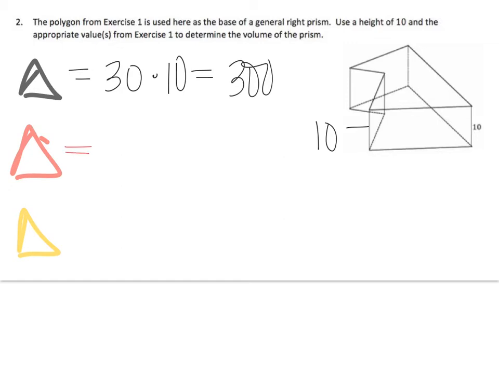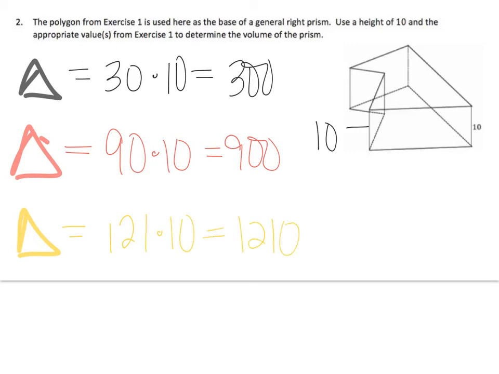This triangle's volume, oh, what was it? 90. I had to look it up. 90 with a height of 10 gives me 900, and this last one had a volume of 11 times 11 times 10. So my total volume would be those added together.